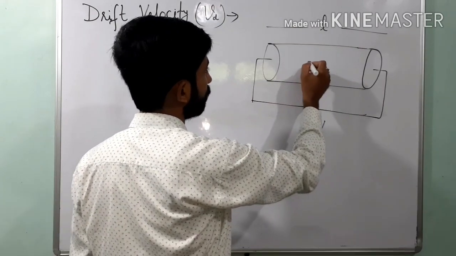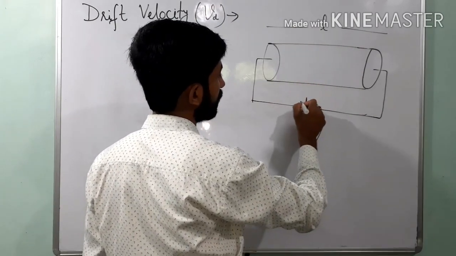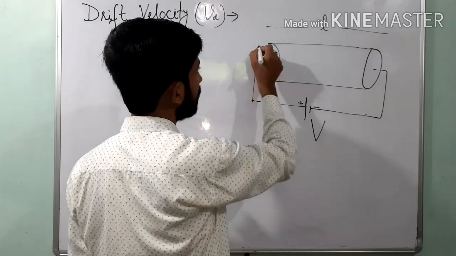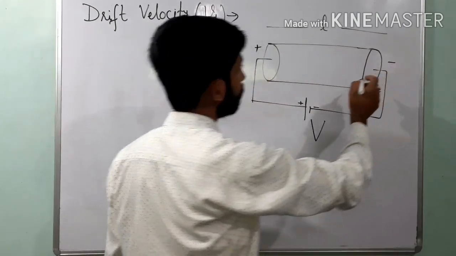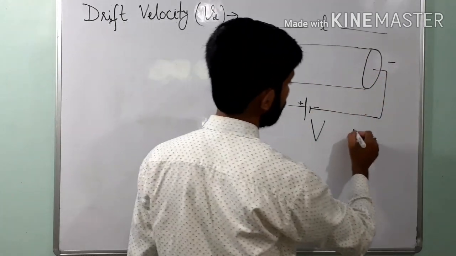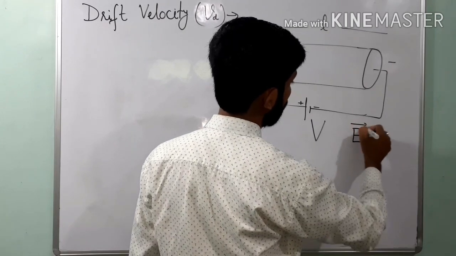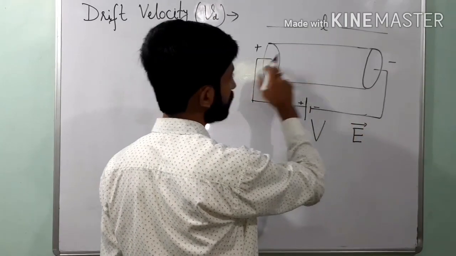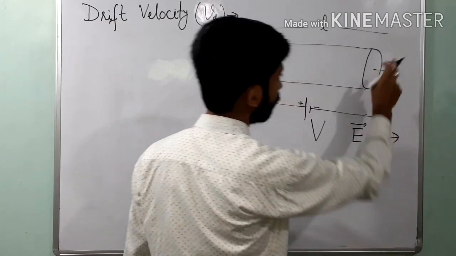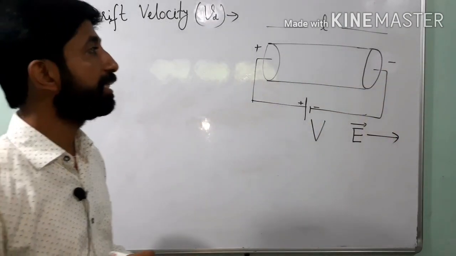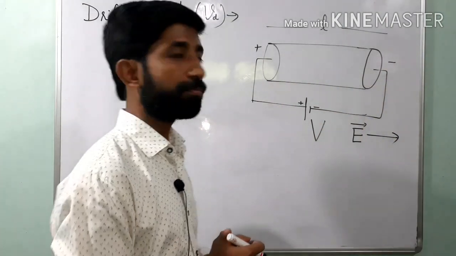So what happens? These plus and minus terminals will produce an electric field E, directed from the positive to the negative end of the conductor.